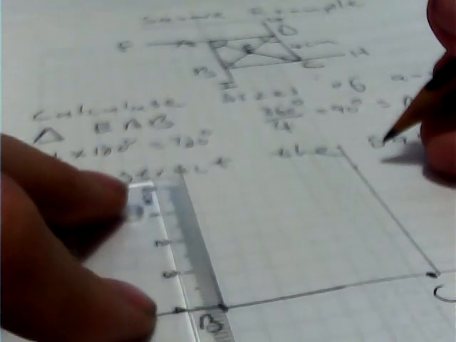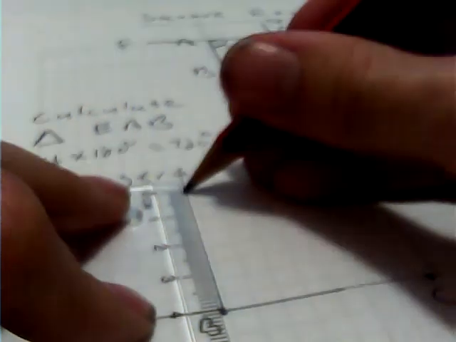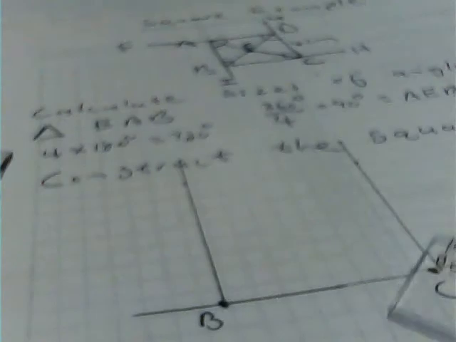Okay, and we know this line needs to be 4 centimeters. So we can mark off 4 centimeters. And we can mark off 4 centimeters. And now again we can measure 90 degrees from the point that we marked off the 4 centimeters.